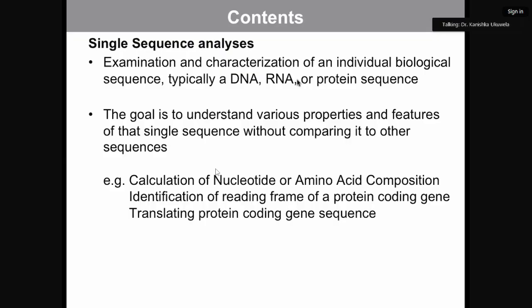Right? So we don't know. If we don't know, we'll have to check the reading frame, right? And then if the reading frame is known, for a protein coding gene, we can translate and get the amino acid sequence of that gene.